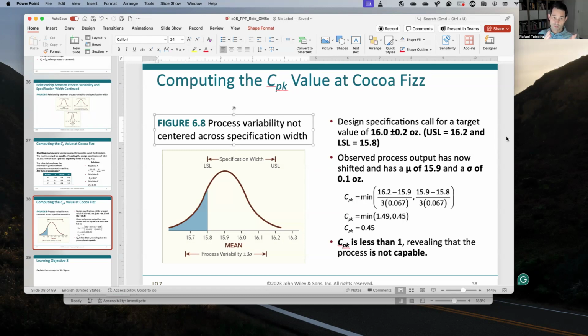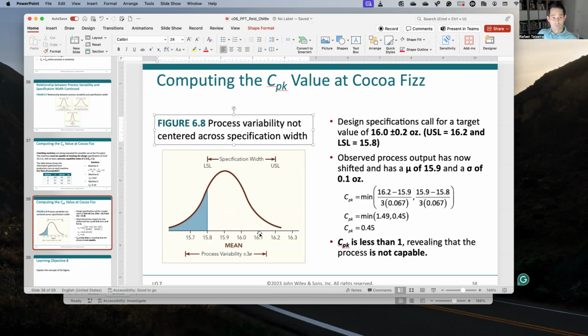Going back to a machine example, let's assume the machine is filling bottles of water, but not on average with 16 ounces, as it was designed to do. It is now filling bottles of water with 15.9 on average. So the center of the distribution of the bottles of water is now, let's say, off the center.